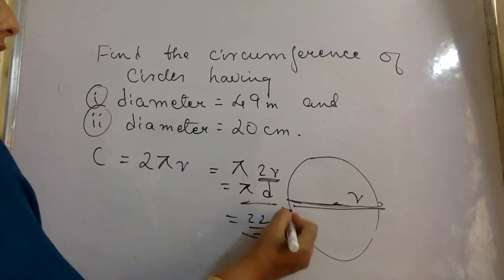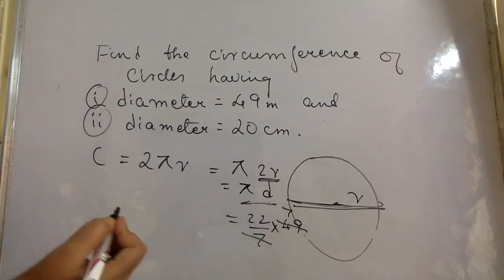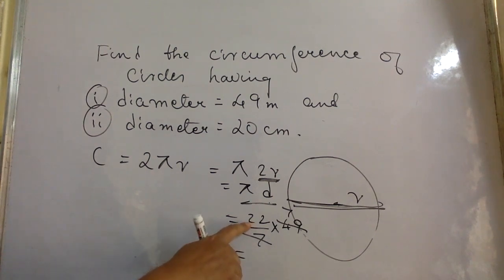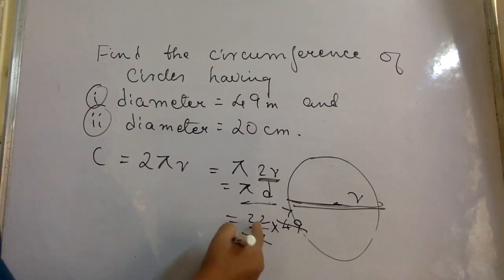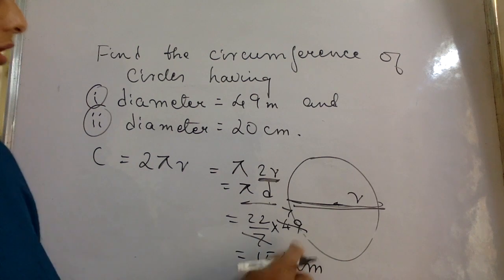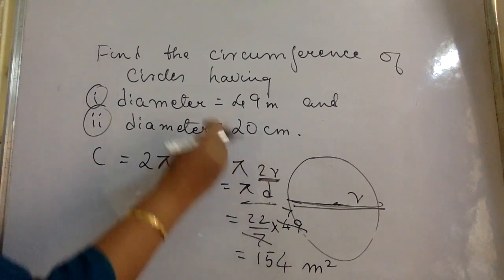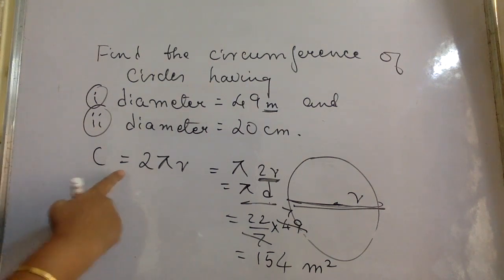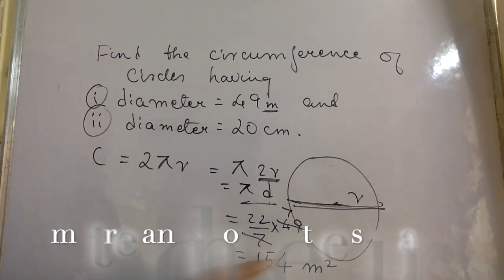So that is a 7. Here 22 into 7 is 154. So 154 meters, sorry, because they have given us in meters. So the circumference of the circle is 154 meters.